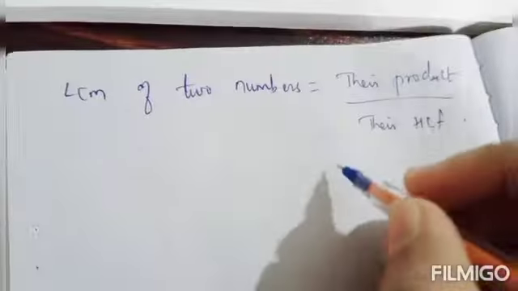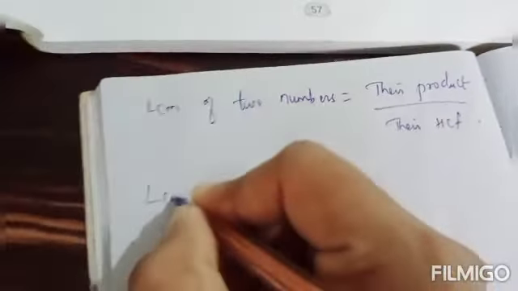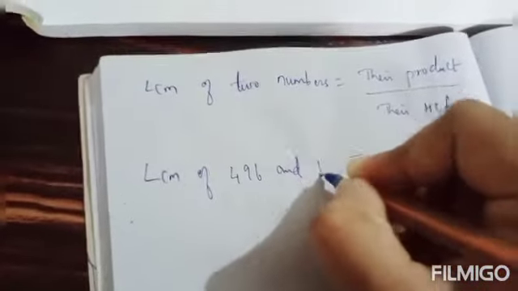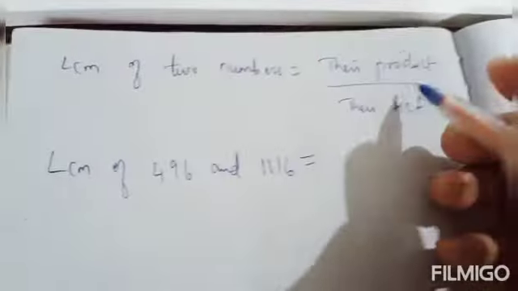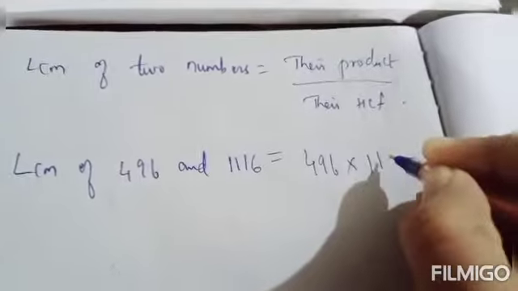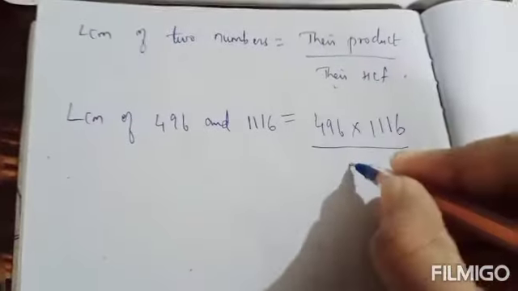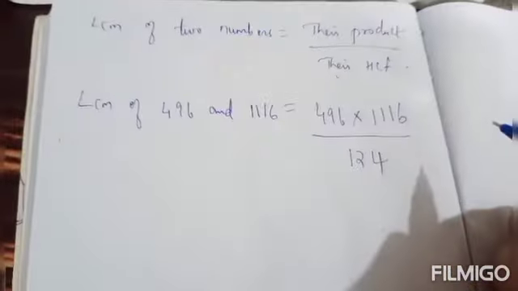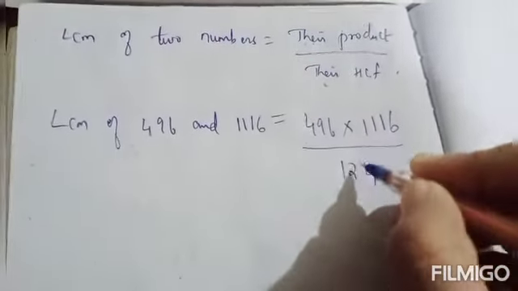So the LCM of 496 and 1116 you need to find. Their product, so 496 into 1116, divided by their HCF. That is 124.